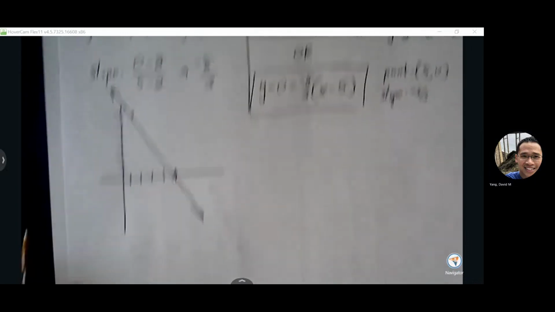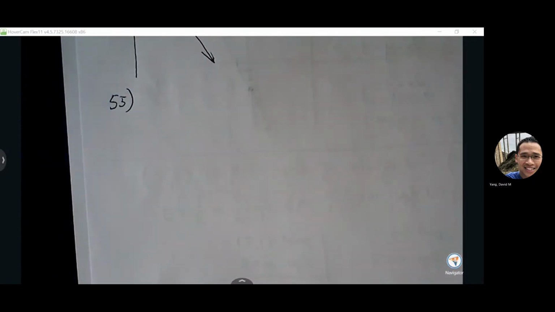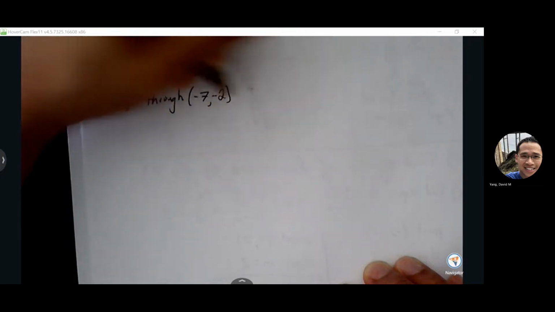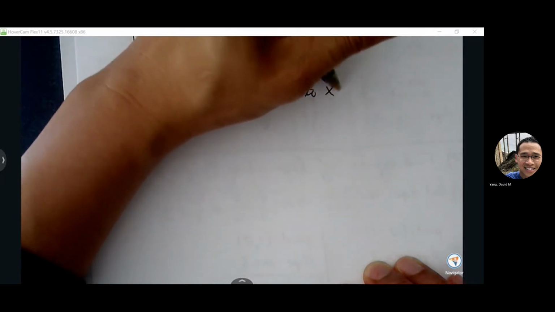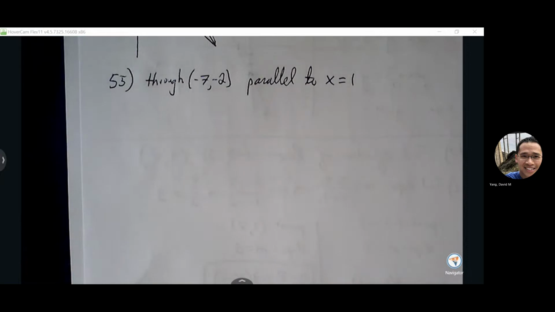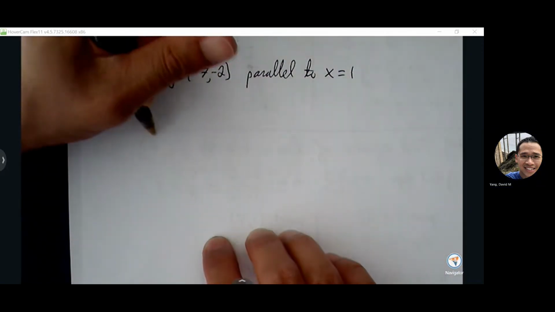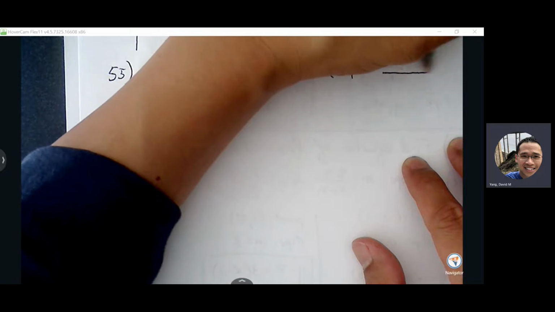Okay, 55. So I want a line to go through -7, -2, and I want that line to be parallel to x equals 1. Now, I think the easiest way to do this is to just sketch the graph out. So here's -7, -2.